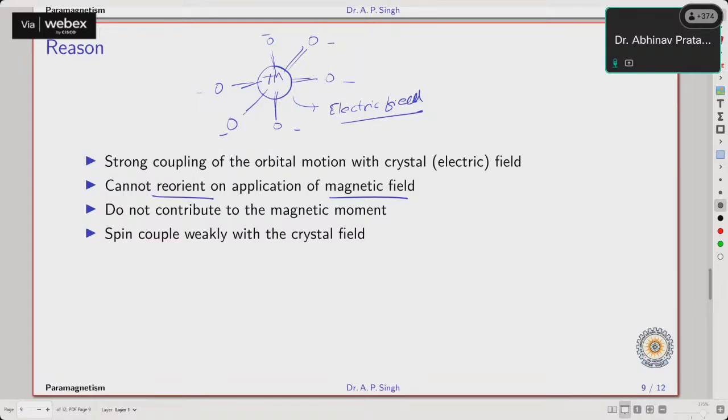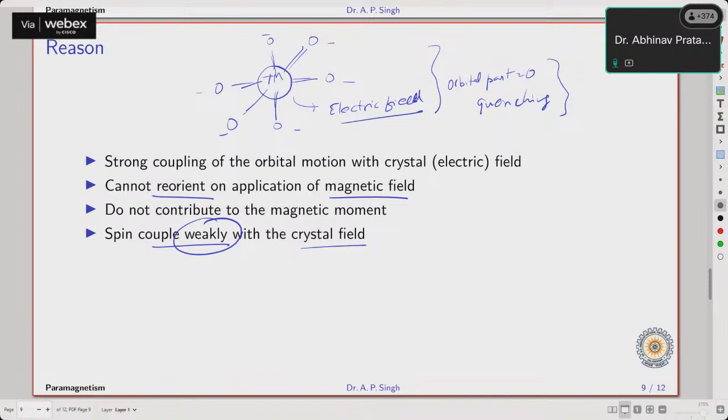So that is why in case of transition metal ions, the orbital part is equal to 0, which is what I was calling quenching. It is as if we have quenched the orbital part, and therefore it is sufficient to focus only upon the spin of the ion. And because the coupling between the spin and this crystal field is very weak, that spin is not too much affected by the electric field.